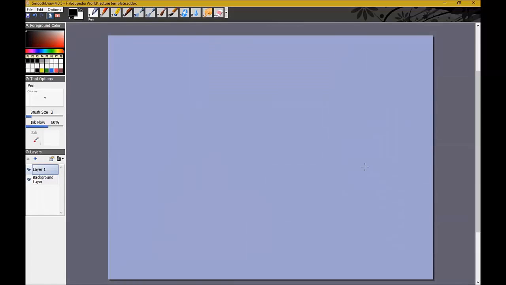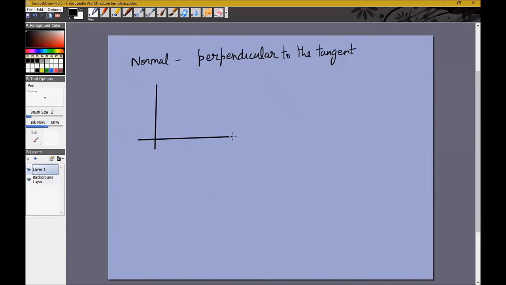Now the other thing is normals, and the normal is simply the perpendicular to the tangent at any point. So if this is a curve, then at this point, this is the tangent, right?